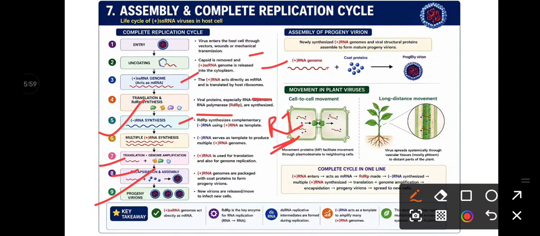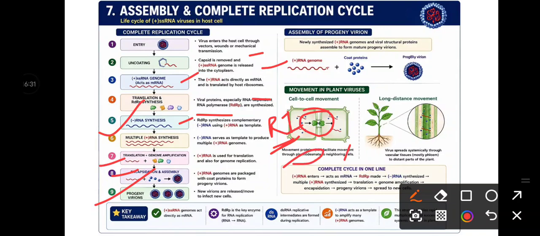Either it moves from one cell to another cell, or it spreads systemically through the vascular tissue to distant parts. Okay, remember this movement protein, it facilitates the movement of virus from one cell to another cell via the plasmodesmata.